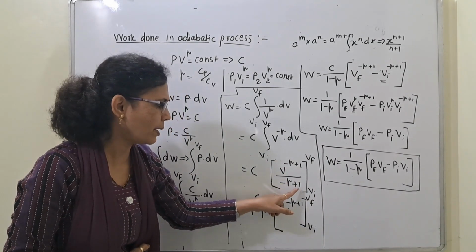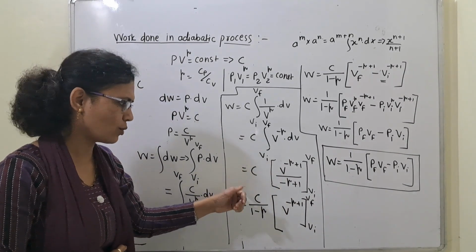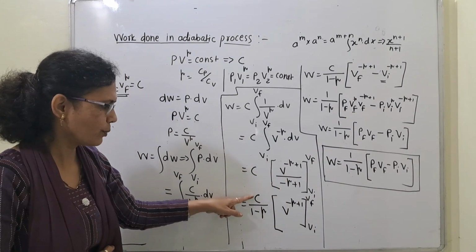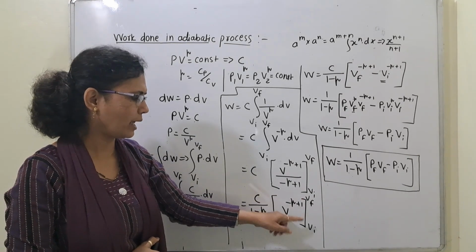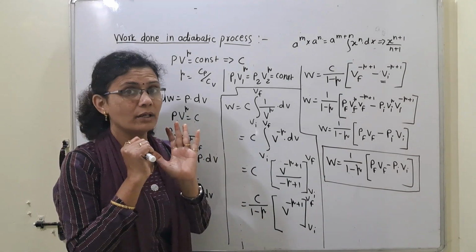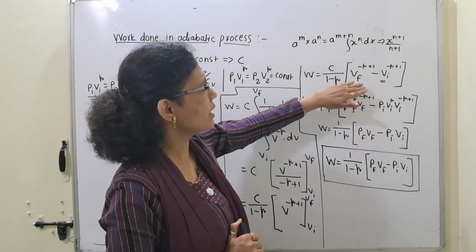Now, this minus gamma plus 1 can be written as 1 minus gamma. I have taken C outside because it is a constant term. Therefore, C upon 1 minus gamma, and then you have to put the upper and lower limits neatly, because these notations are very important.